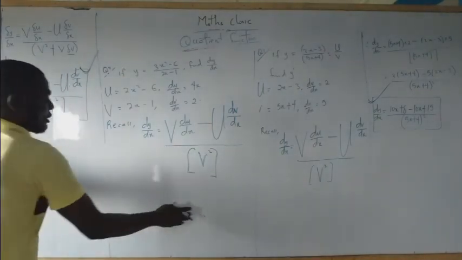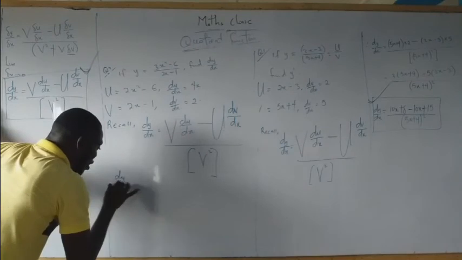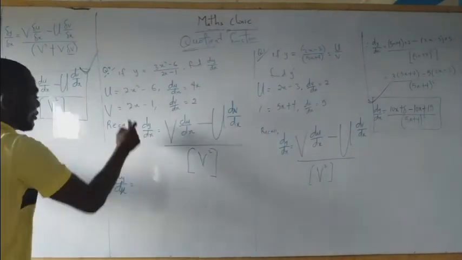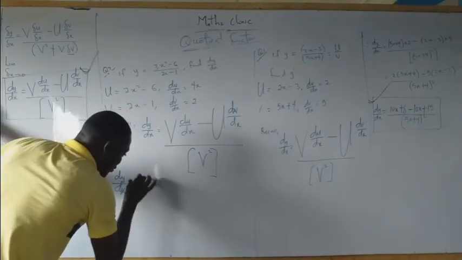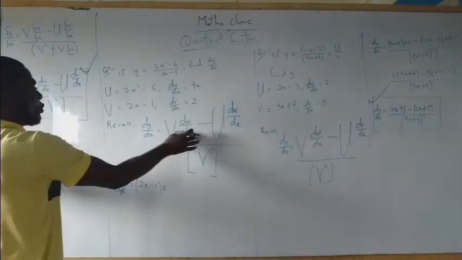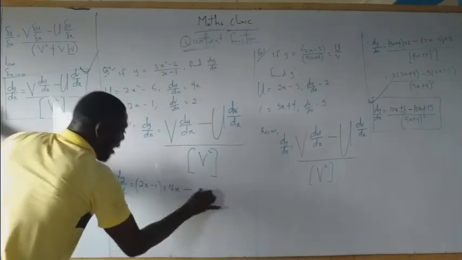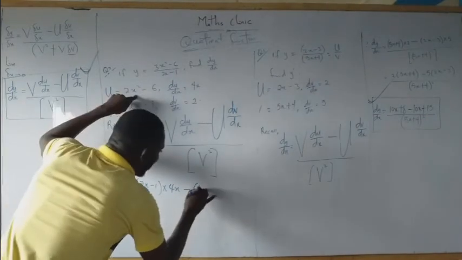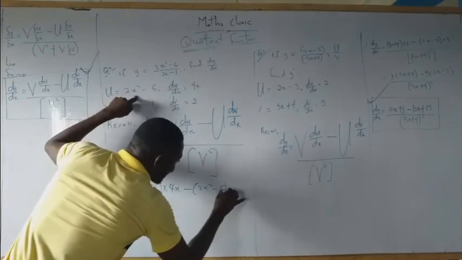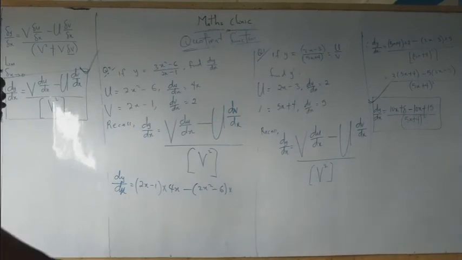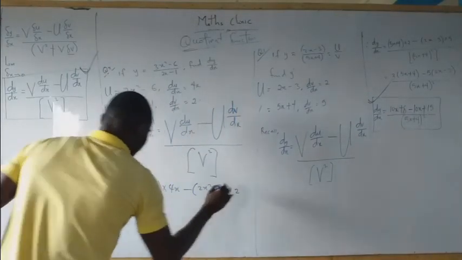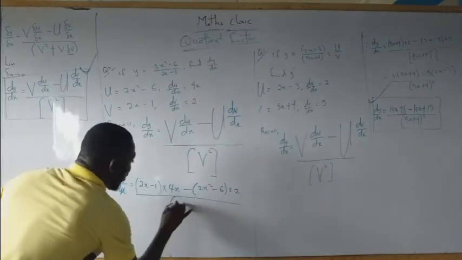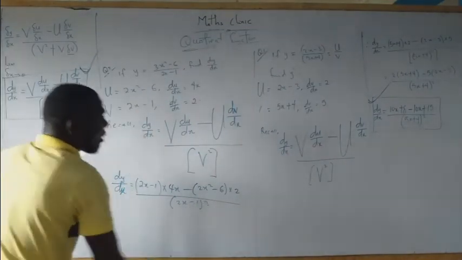Then you can have dy upon dx equals what's v? v is 2x minus 1, times du dx which is 6x, minus u which is 3x squared minus 6, times dv dx. What's dv dx? dv dx is 2. Everything over the bottom squared. The bottom is 2x minus 1 all raised to the power 2.